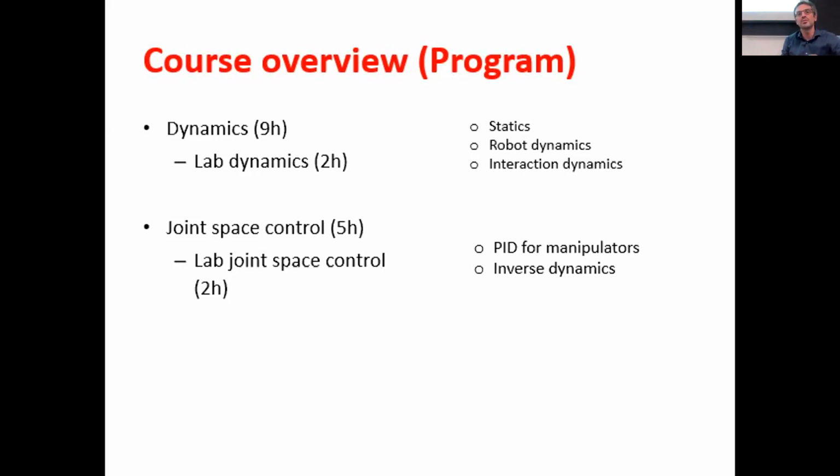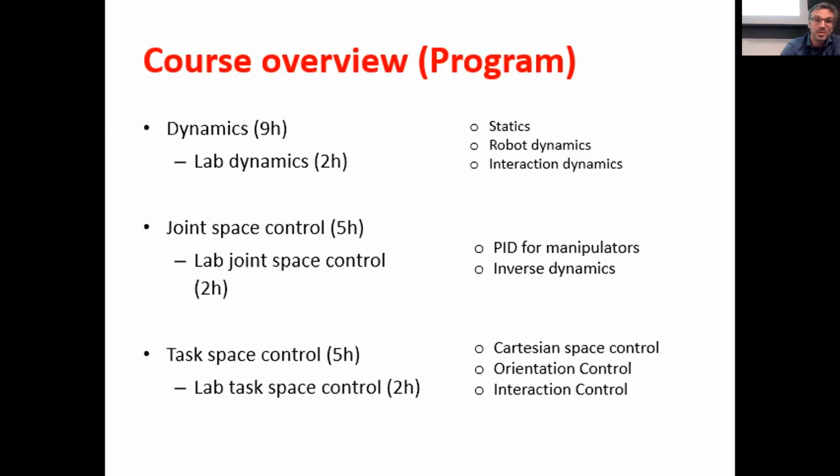And so we will see inverse dynamics, an approach that allows you to compensate for these couplings between the different degrees of freedom of the robot. Then the joint space control topic will have the lab related to that, which is the lab on joint space control, again in Python.